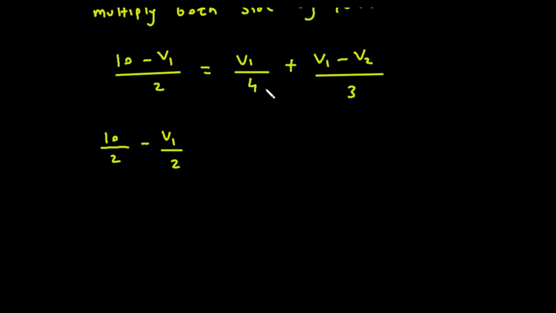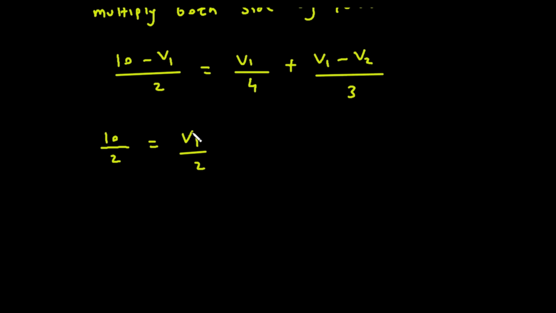Then we can take this on left side. We will do the opposite. So here what we will do, we will keep this 10 by 2 constant term on left side, and we will take this minus V1 by 2 on right side, so it will be plus V1 by 2.